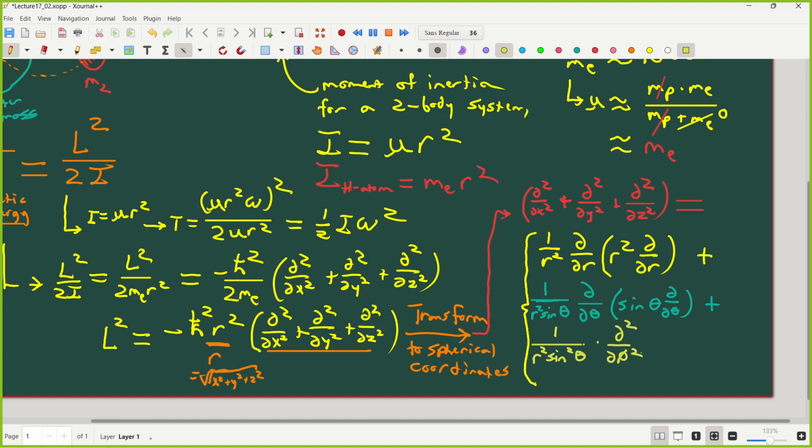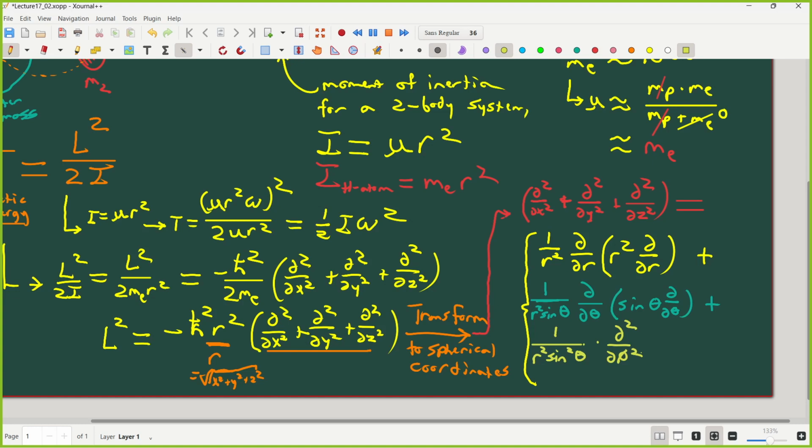All right. So again, this looks really nasty, and it is. But what we've done is we've made our equation more complicated, but we've reduced the complication in terms of how the coordinates talk to each other. Because each of these terms effectively are only dependent on motion along one of the coordinates. They're all separate, right? This is only dependent on changes in r.